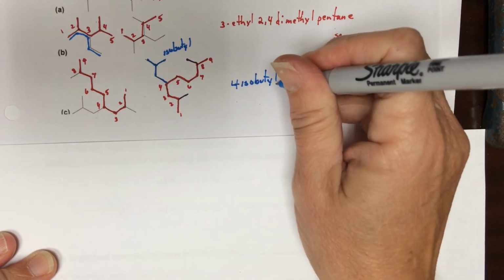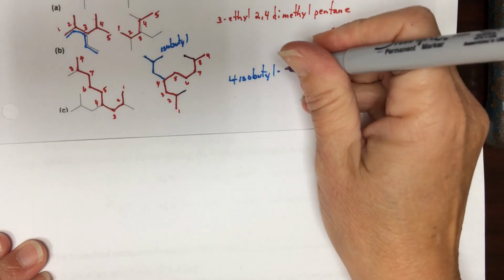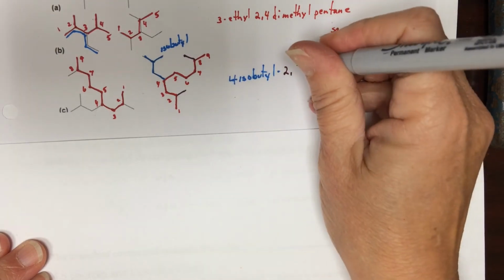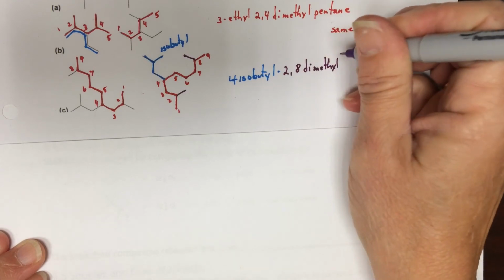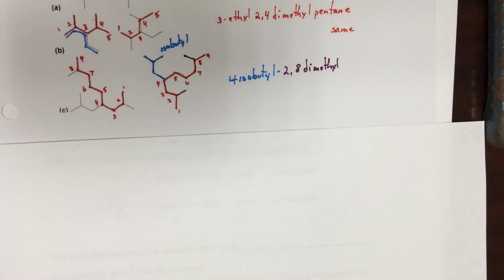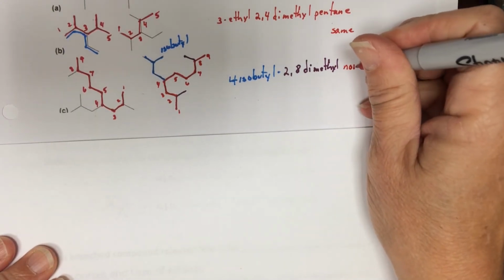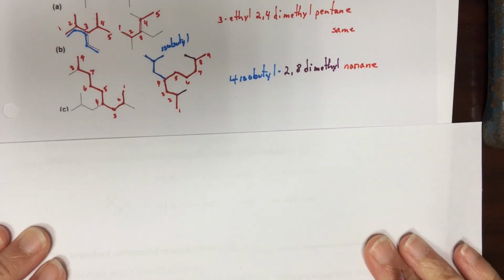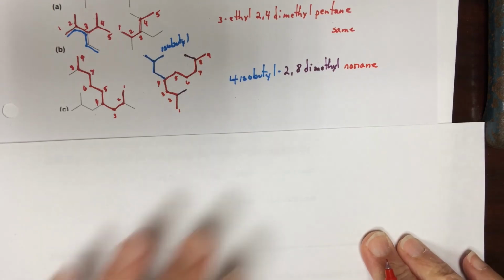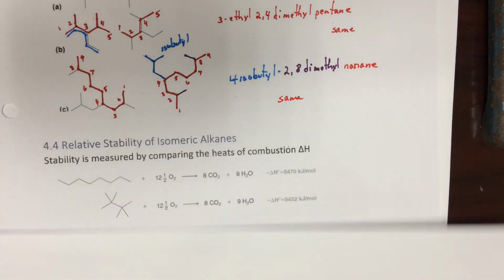We should put dashes there. Another dash. And then we need to put our dimethyls. It's a 2,8-dimethyl, and it's a nonane. So they are the same. As well. So all these are the same compound.